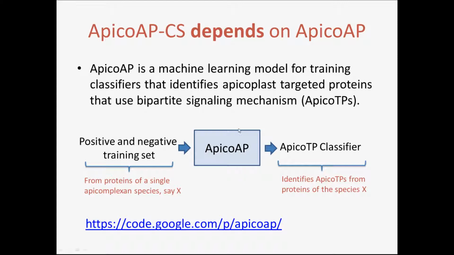ApicoAP model takes a positive and a negative training set containing proteins from a single apicomplexan species, say X, and it generates a classifier that identifies ApicoTPs from proteins of this species, X. More information on ApicoAP and the ApicoAP software can be found at this link.